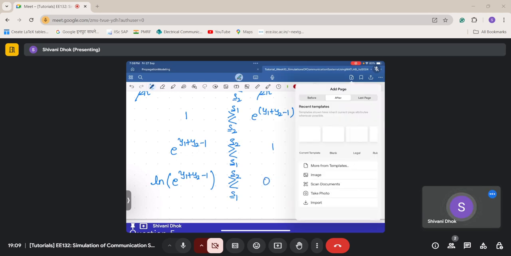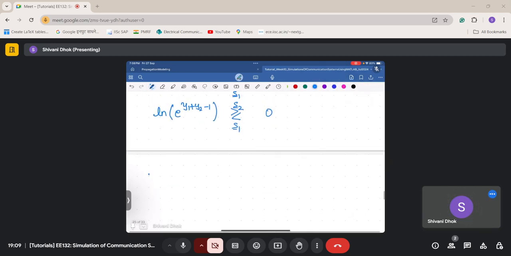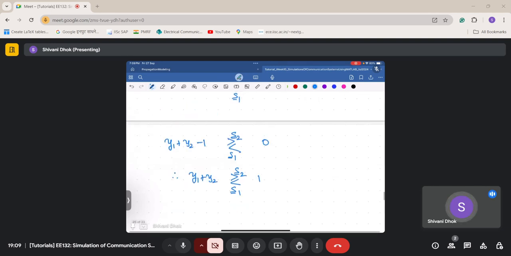So therefore now this reduces to y1 plus y2 minus 1, if it is greater than s2, if it is less than s1. So therefore y1 plus y2, so this is the final decision rule. So this thing here is the final ML rule. Is it clear? Any questions?